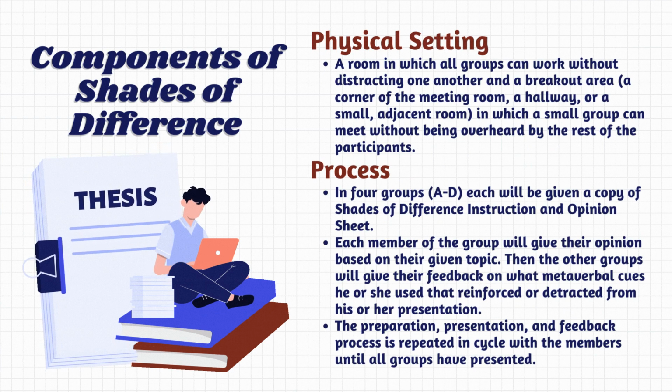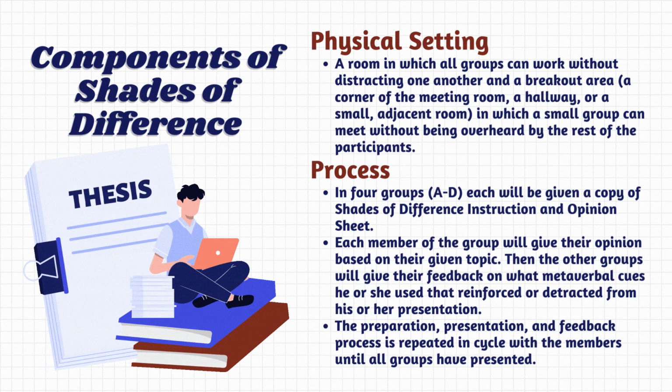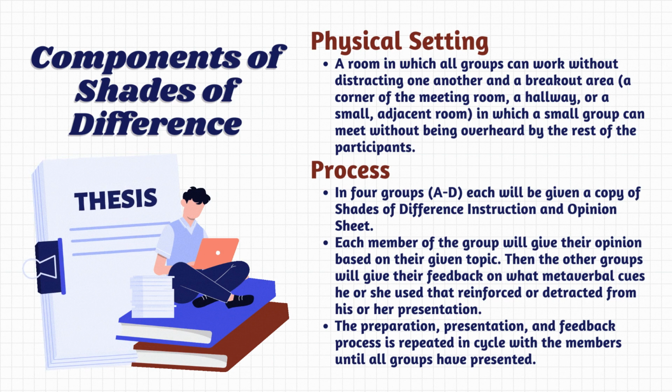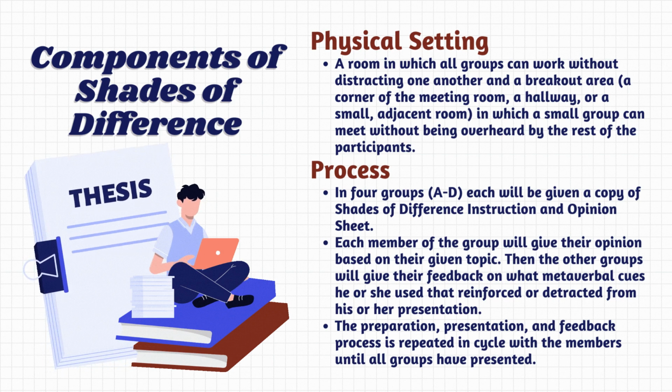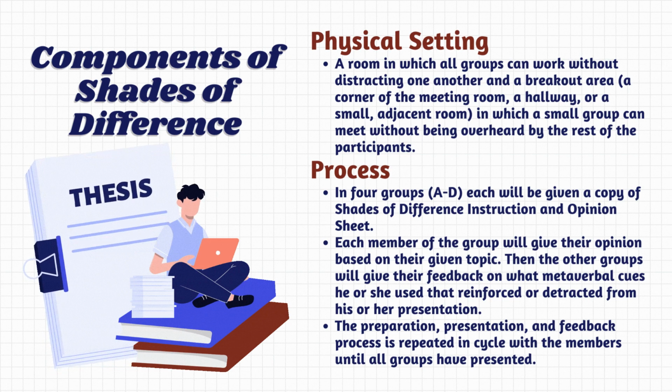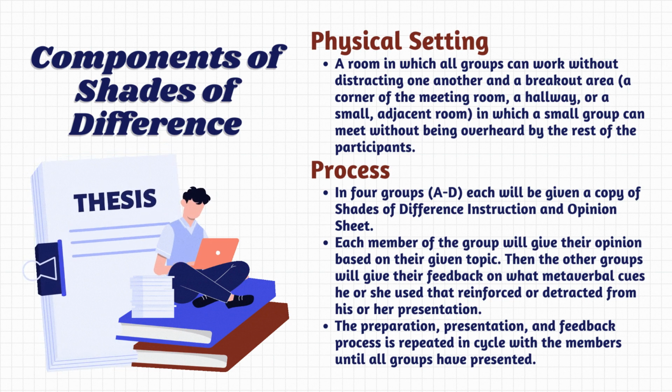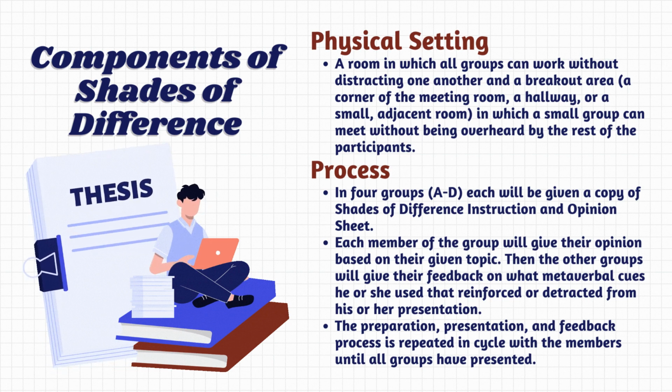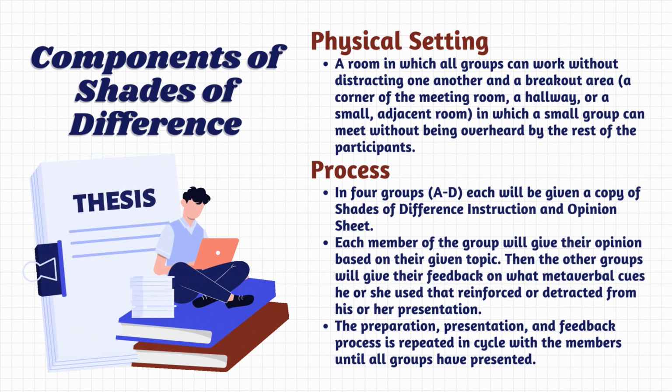For the physical setting, you are going to set up a room in which all groups can work without distracting one another, and a breakout area, which can be a corner of a meeting room, a hallway, or a small adjacent room, in which a small group can meet without being overheard by the rest of the participants.